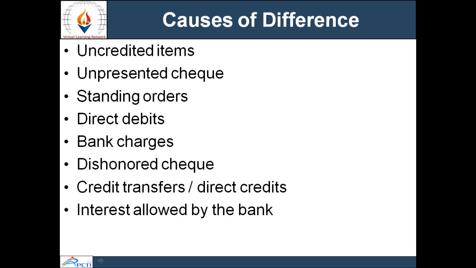They are checks deposited but subsequently returned by the bank due to the failure of the drawee to pay. Next is credit transfer or direct credit. They are money received from customers directly through the banking system. Next one is interest allowed by the bank. They are interest received for a deposit or a fixed deposit.